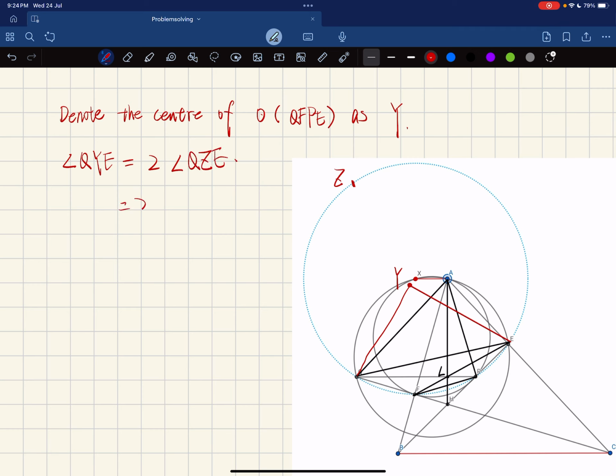So that means it equals 180 degrees minus angle QPE. Is that right?